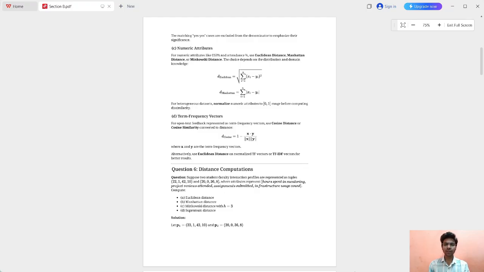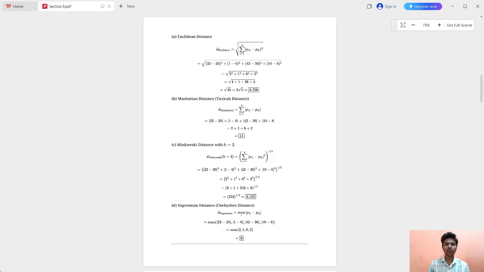Solution: let P1 equals 22, 1, 42, 10 and P2 equals 20, 0, 36, 8. Euclidean distance, using this formula, gives the answer 6.708. By the Manhattan formula, the taxicab distance equals 11. The answer of this is 11.